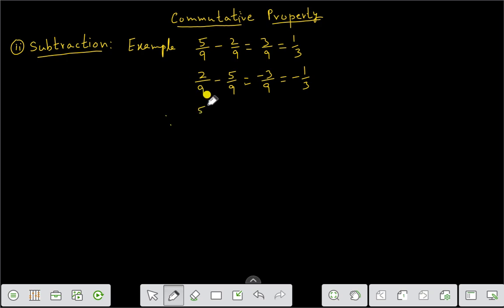Therefore, we can say that 5 by 9 minus 2 by 9 is not equal to 2 by 9 minus 5 by 9. Therefore, you can say that commutative property is not true for subtraction.